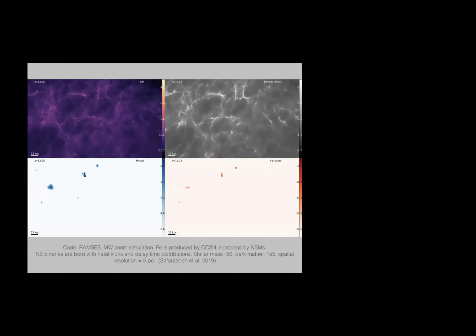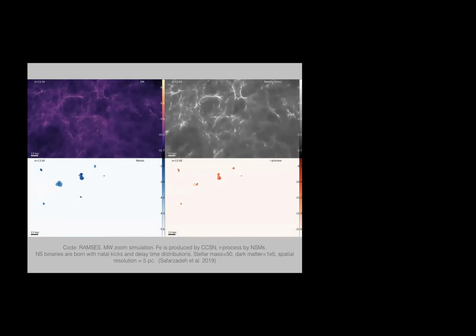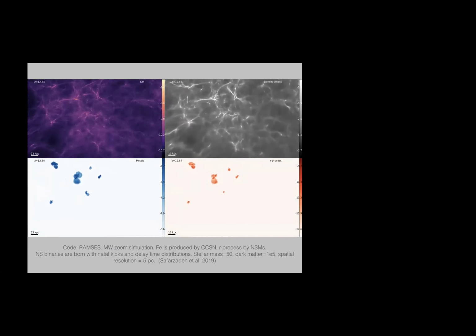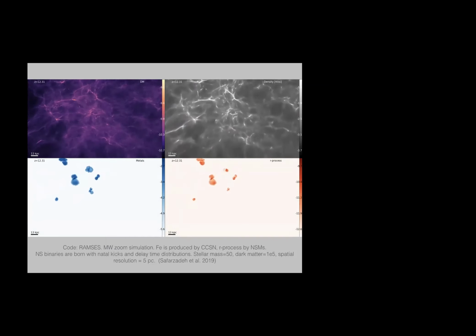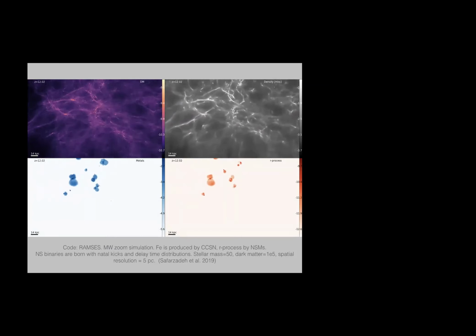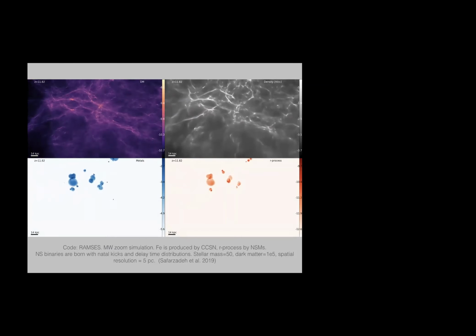Panels, and this is a cosmological simulation where core collapse supernovae produce the iron, and binary neutron stars produce the r-process. You will see towards the end of the simulation that these neutron star binaries that are produced receive natal kicks, and they also come with long delay times.